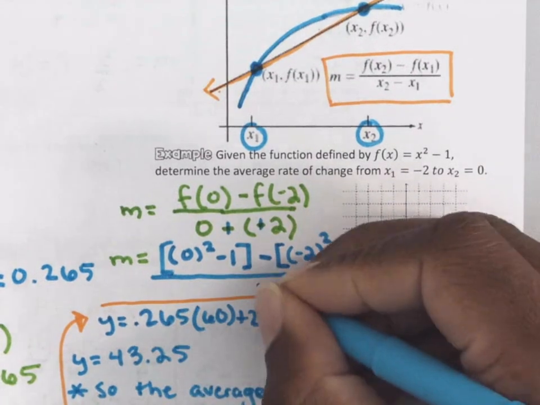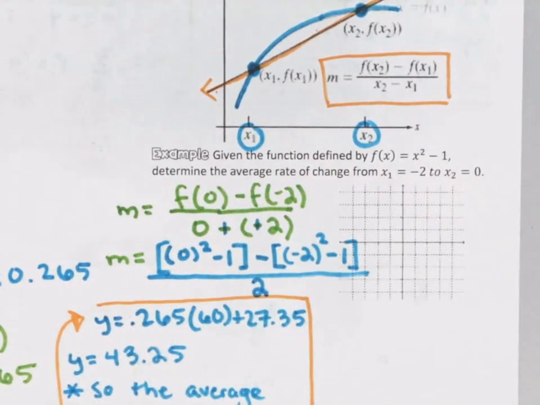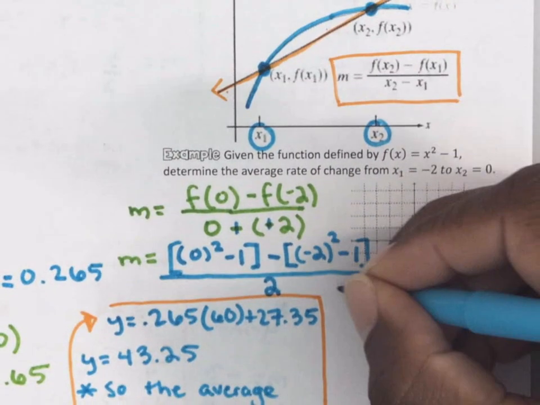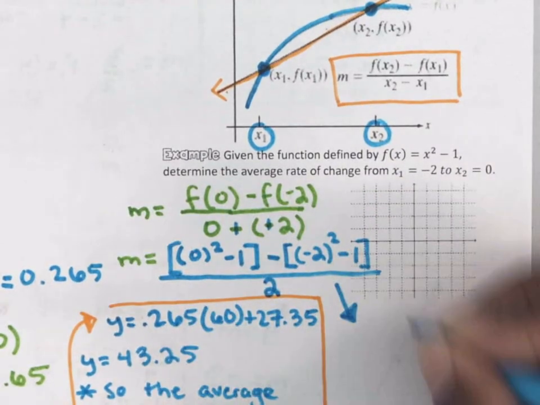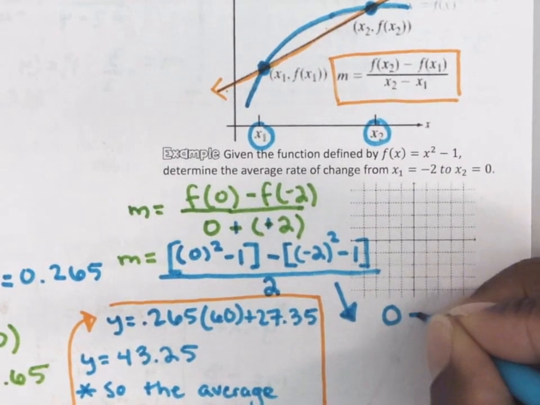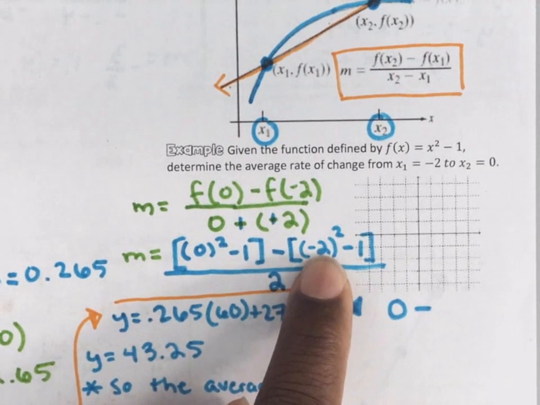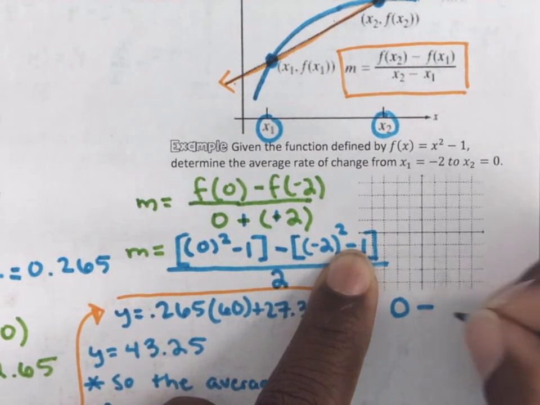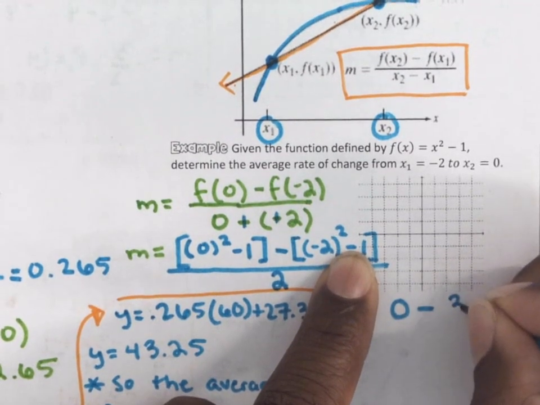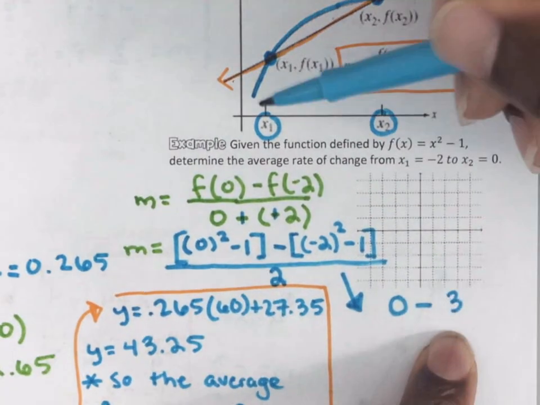And then we said the denominator is what, 2? All right, what's 0 squared? What's -2 squared? 4 minus 1 is 3. So 0 minus 3 on the top.